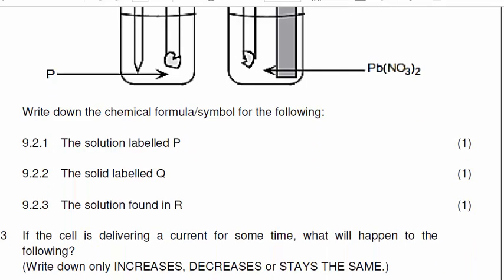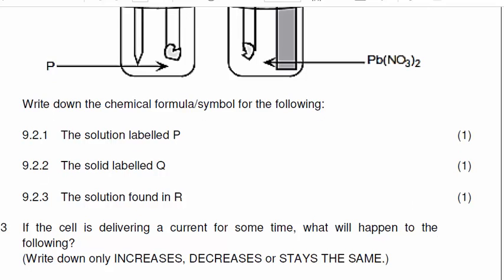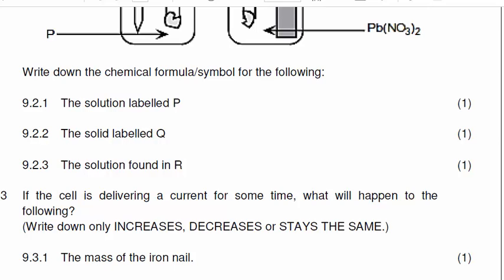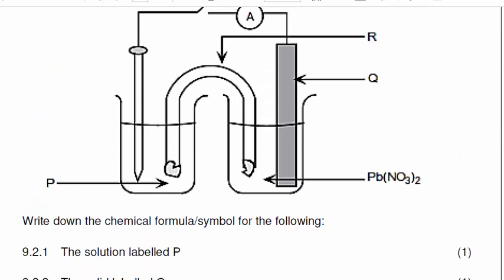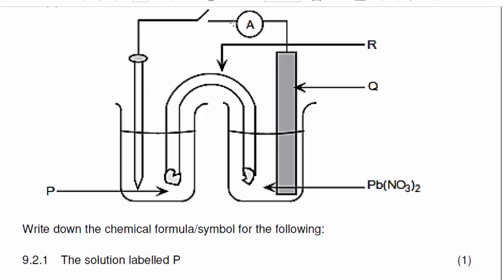If the cell is delivering a current for some time, what will happen to the following? The mass of the iron nail. So we close this and the reaction happens for a while. What will happen to the mass of the iron nail? So far you're guessing, you're not thinking.